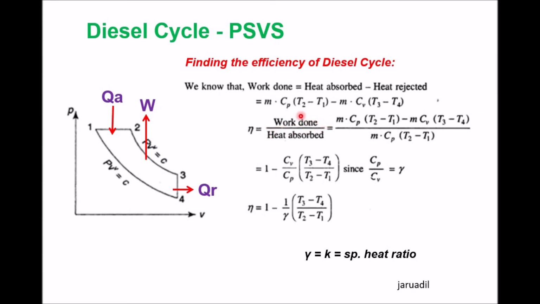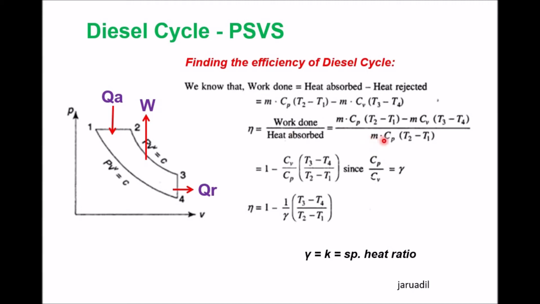The output of this cycle is the work done, and the input is the heat absorbed, QA. So we put the work equation in the numerator, mCp (T2 minus T1) minus mCv (T3 minus T4), and the heat absorbed QA in the denominator.